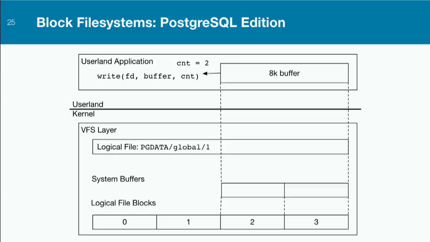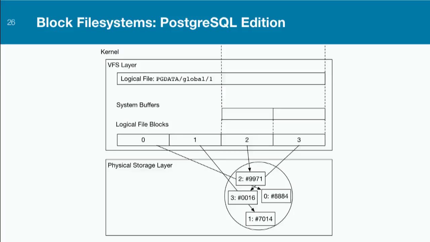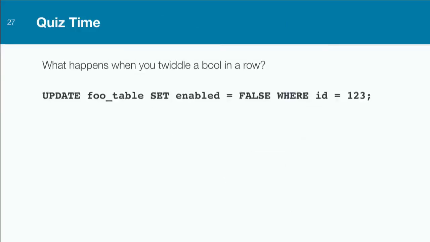These are normally 4K, doesn't have to be, but typically 4K, let's say they are, at least. That's kind of the modern standard at this point in time. And internally, it does exactly what we had earlier, where it fans out and writes that data on disk. Okay, fine. This is block file systems 101. This is what's happening when you go from PG data global 1 to some physical storage layer. This is high enough level, but gives you just a taste of the detail there.